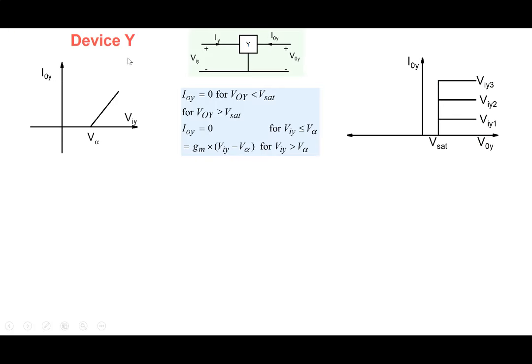So let's look at an element Y, which has this non-ideality, that the current is zero below a threshold voltage. But besides that, it also has non-ideality in the output characteristics, that the output current is independent of output voltage in this particular region. And below a voltage equal to, let's say, V saturation, the current is actually zero.